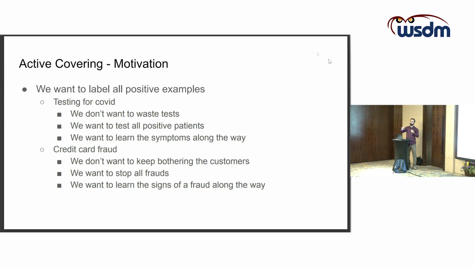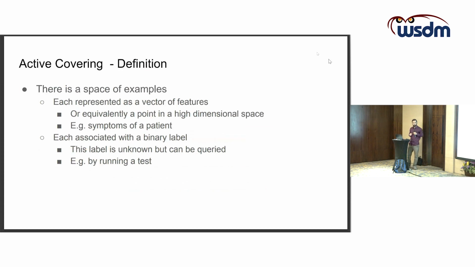But here we have some exploitation, right? It's like bandits. Along the way, we are collecting rewards. We are not just learning, we are collecting the rewards as well. When we test someone, we learn about symptoms, and we also collect the reward. We also realize if this person has COVID or not. So there are some theoretical differences here.